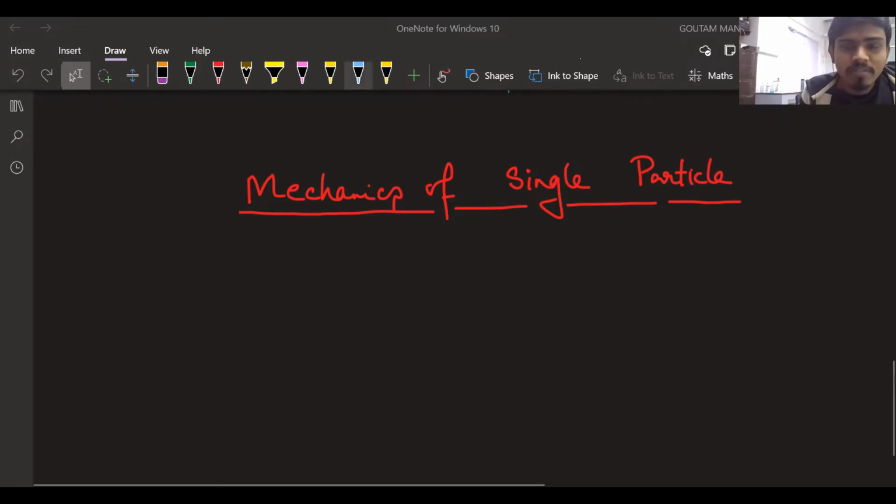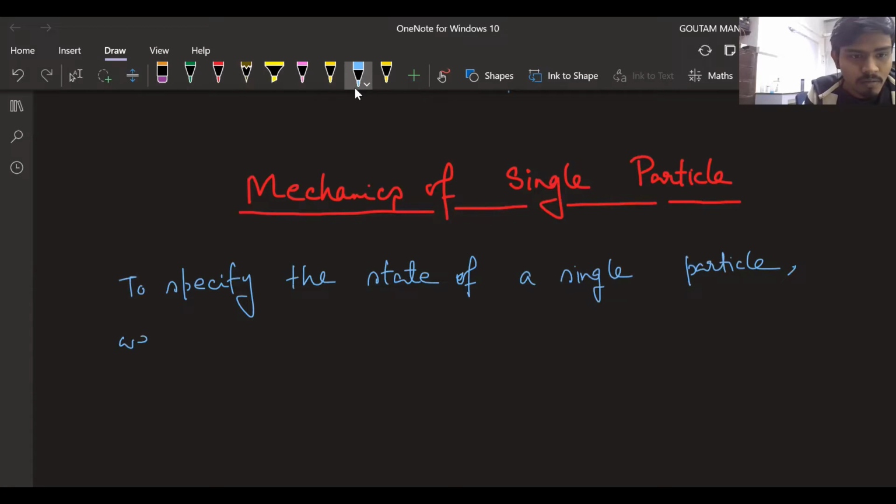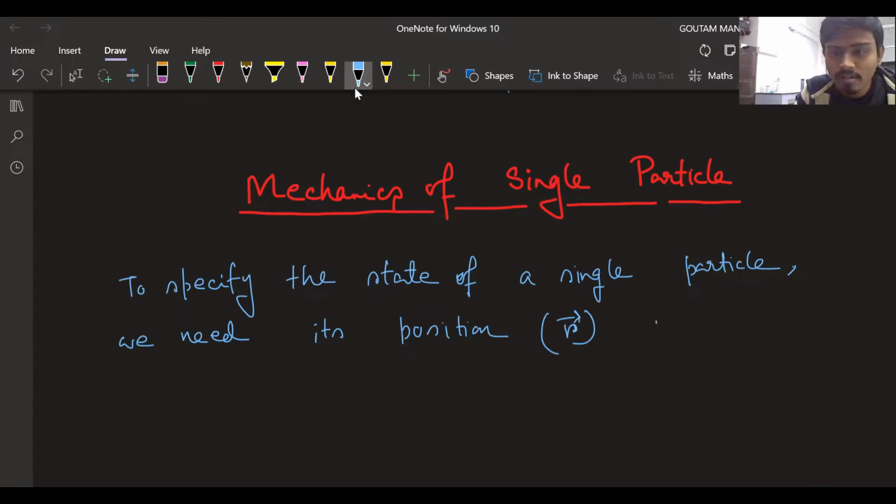To specify the state of a single particle, we need its position, which I will denote by the r vector, which is a vector, and its momentum.